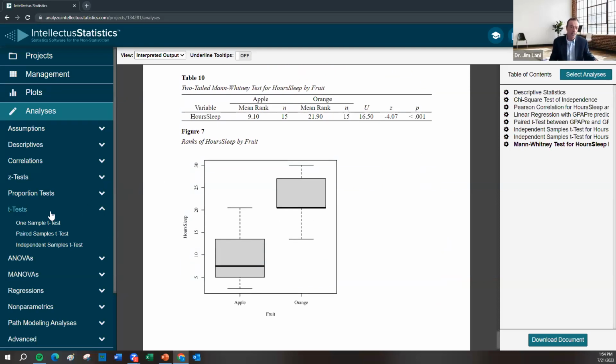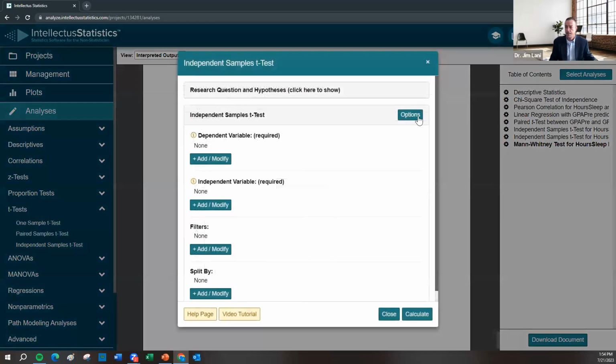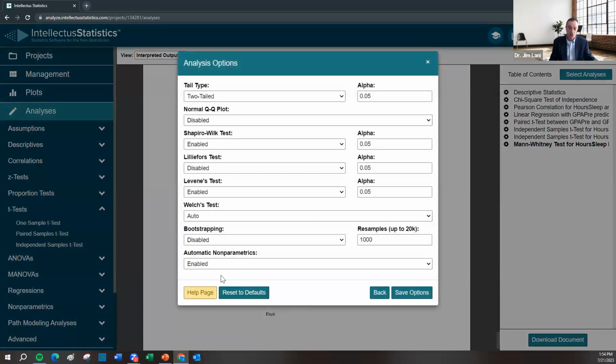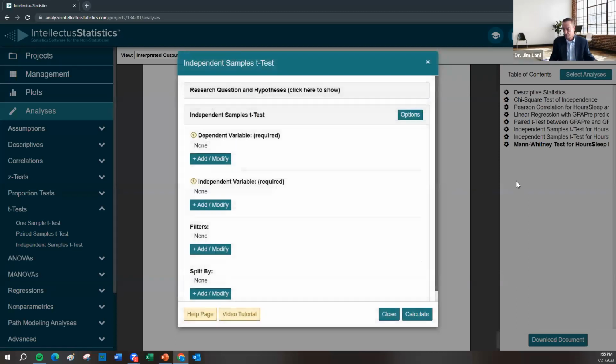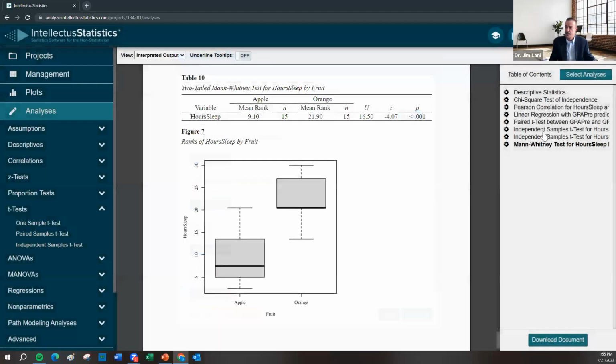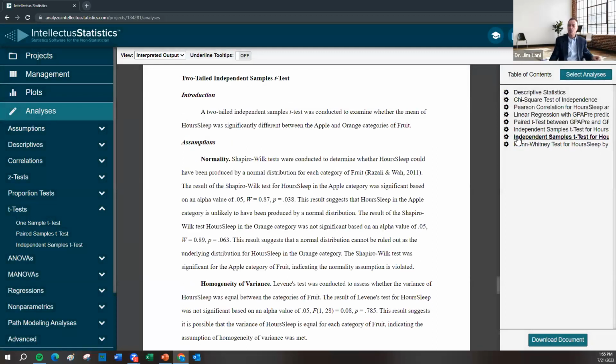A lot of these tests do have, if you go to those options as I did, automatic non-parametrics. I disabled those just for simplicity's sake, but great question. By the way, when you have the independent t-test and the Mann-Whitney, no pun intended, you're getting a flavor of the data.